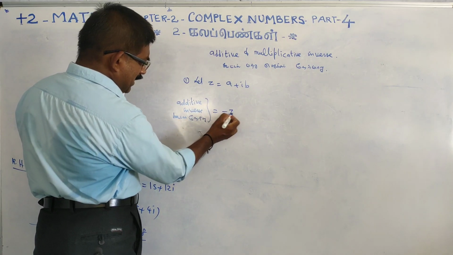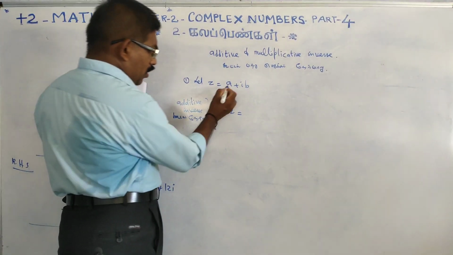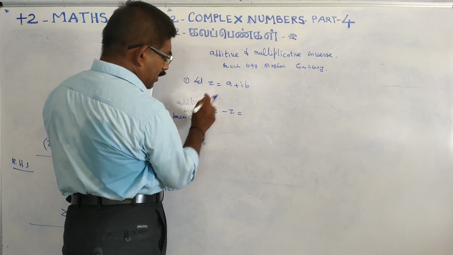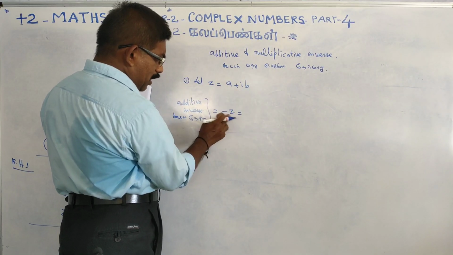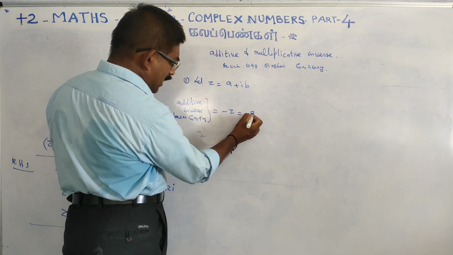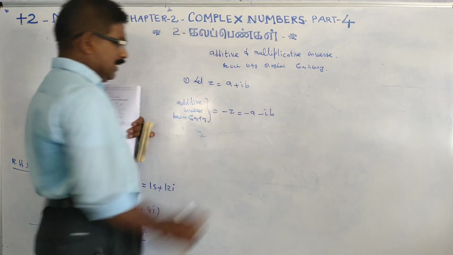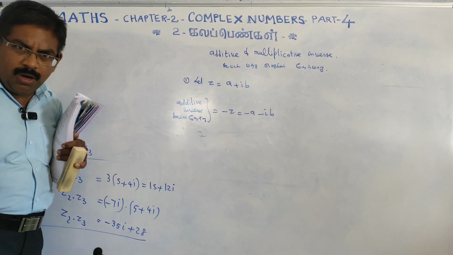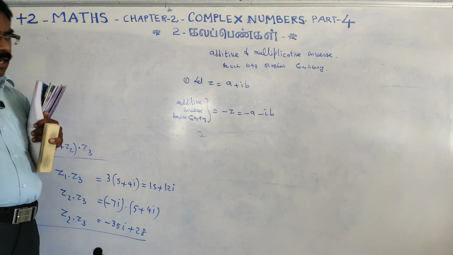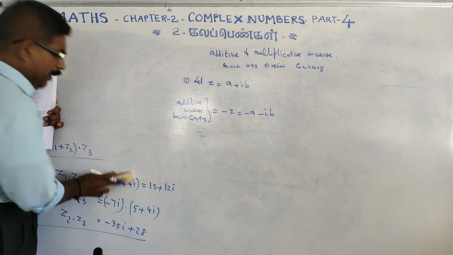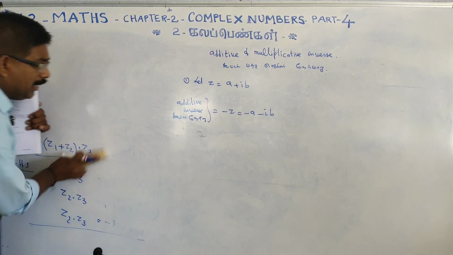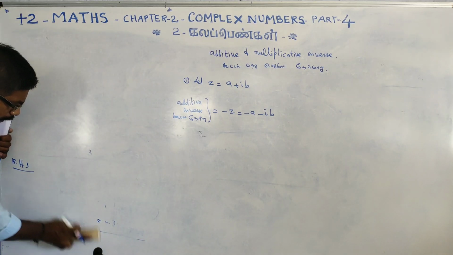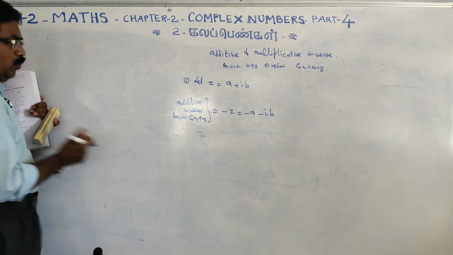That is minus Z. Z equal to A plus iB, minus Z means minus A minus iB. This is கூட்டல் நேர்மாறு கலப்பெண். Okay, additive inverse. Multiplicative inverse. How can we find multiplicative inverse? Number 2.